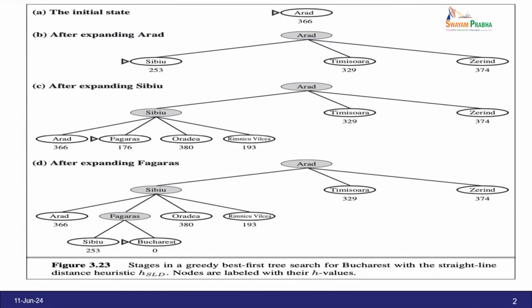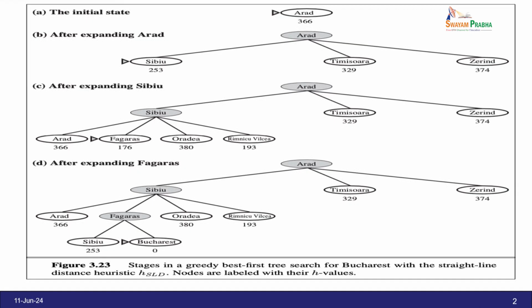This is the search algorithm we already started to discuss. We started with the initial state Arad. This is the greedy best first tree search for Bucharest with the straight line distance heuristic, and we denoted the node with 366 distance.